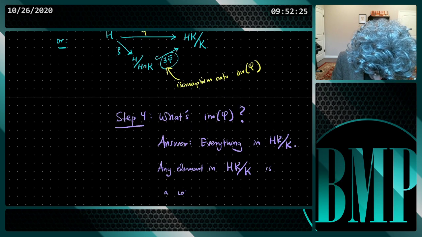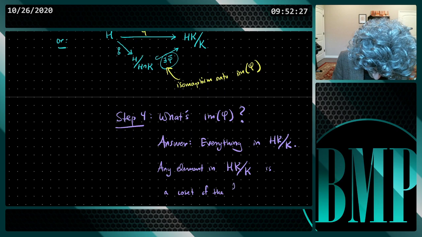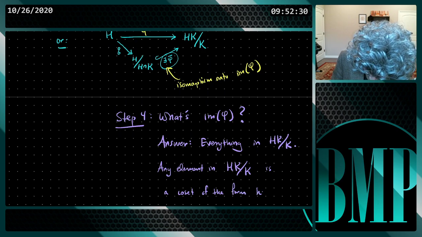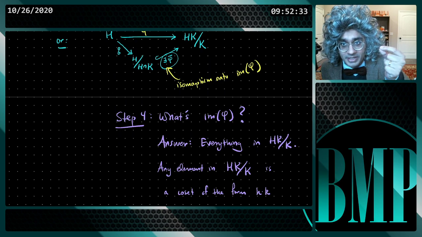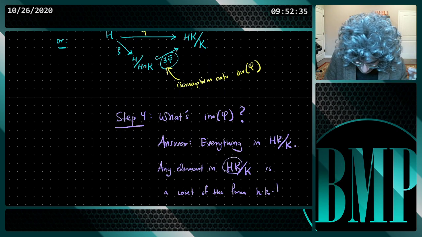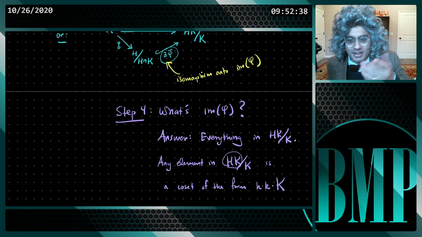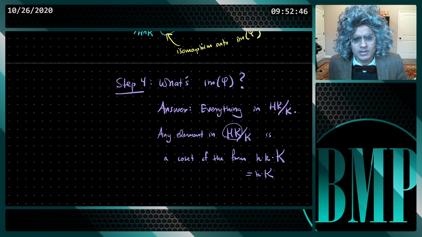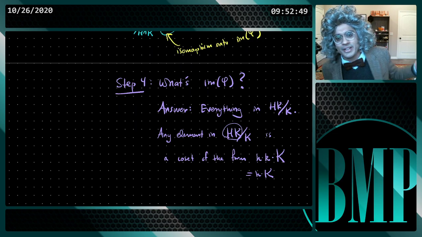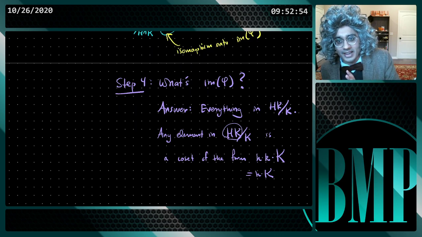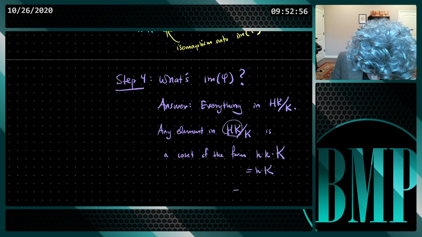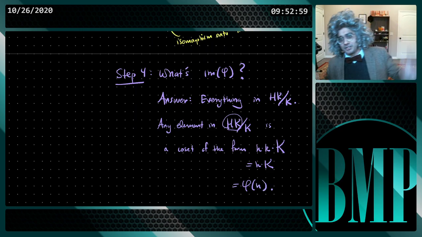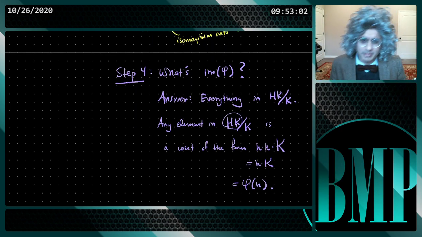It is a coset of the form little h times little k, times the coset K. But little k times capital K is the same set, capital K. So every coset is a little h times the group K. Okay, but that's phi of that element by definition. So every coset is hit by the map.